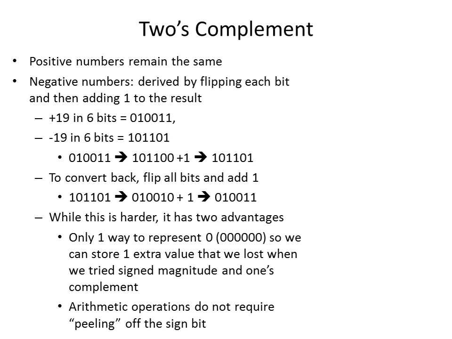While this is harder, it has two advantages. In twos complement representation we have to perform extra calculations, but it has the advantage of only one way to represent 0. So we can store one extra value. If we take plus 0, then it is 0, 0, 0, 0.